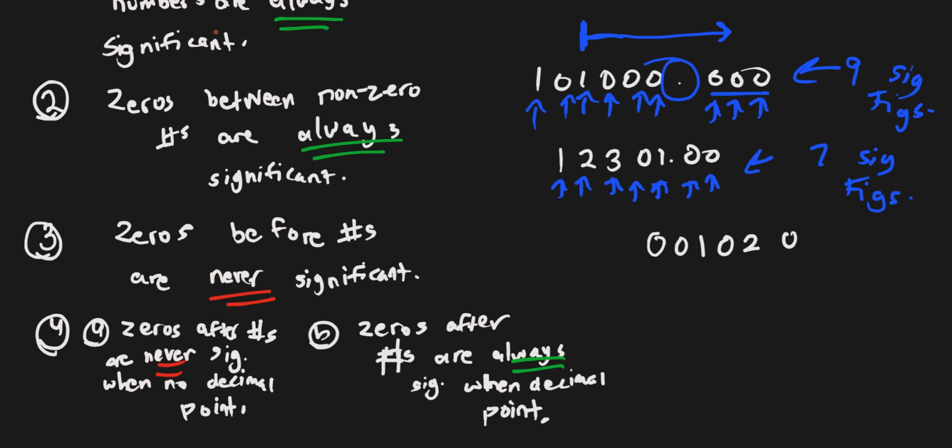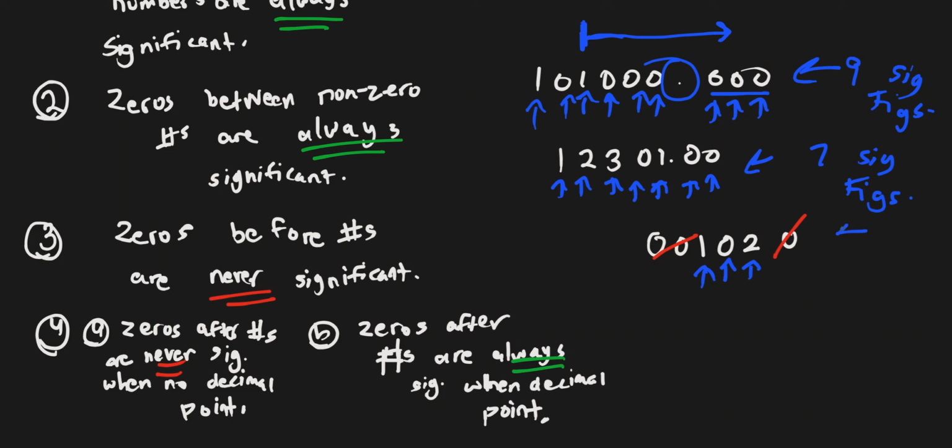This is kind of using a bunch of rules actually, so these are never significant. And then these numbers are always significant. This is in between, so it is significant. Zeros after, which is this, is significant if we have a decimal point, but we don't, so this is also not significant right here.